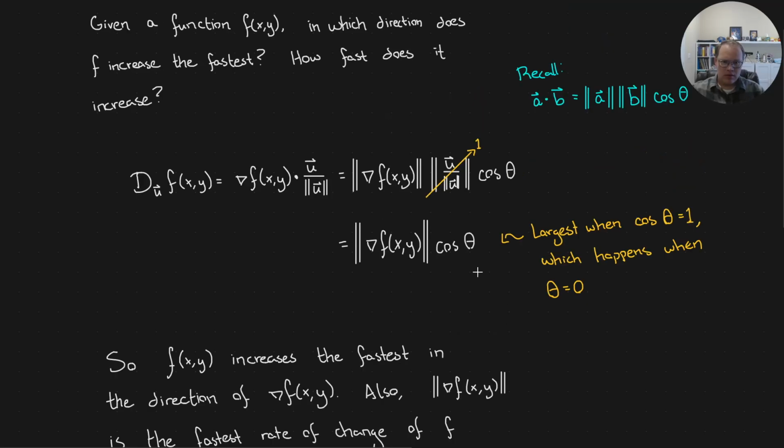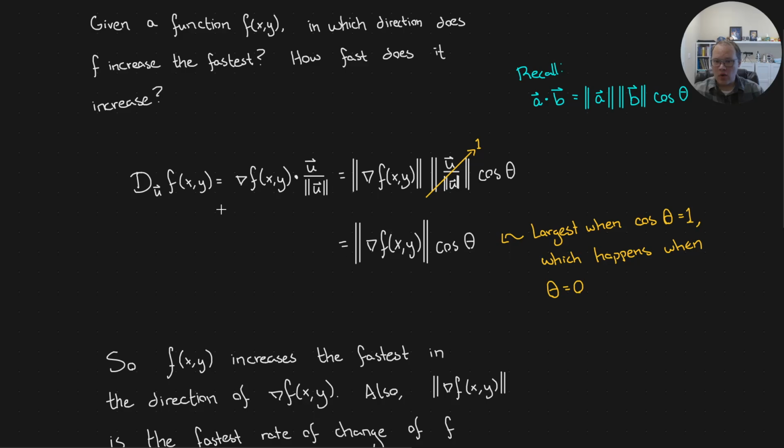Similarly, we could also ask, in what direction would f decrease the fastest? Would the rate of change shrink the fastest? And we use the same argument. This is still always equal to this.